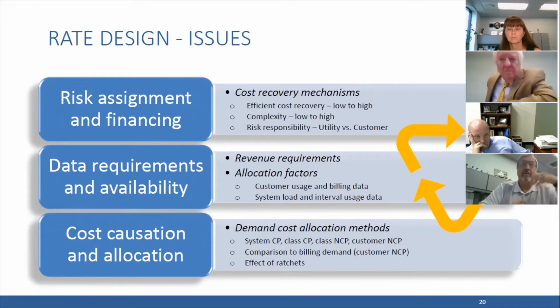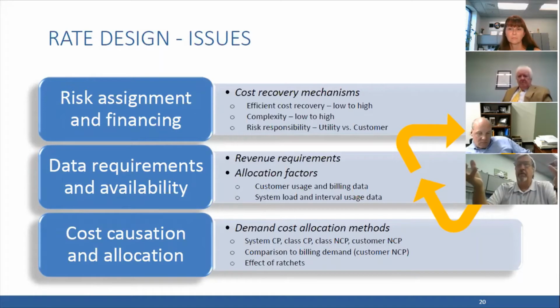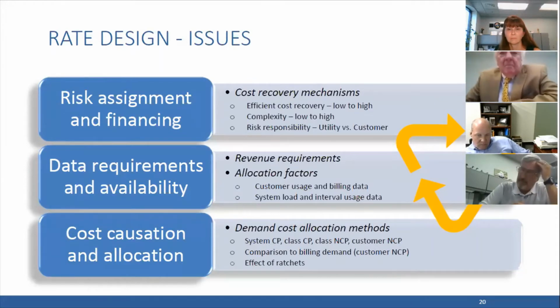In other words, as you incur a cost, you are able to bill a like amount of revenues to cover those costs. There's the issue of complexity. How complicated is it for the customer to understand, and risk responsibility. And again, this risk I'm talking about is the variability of costs, the uncertainty of costs, who will be bearing that variability.